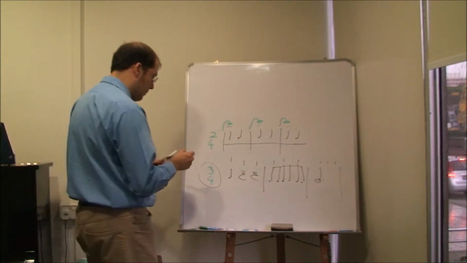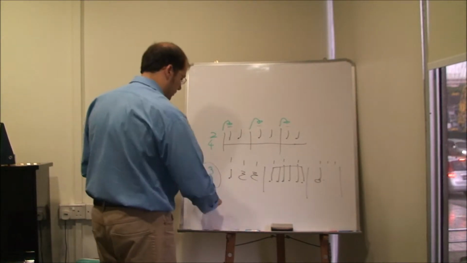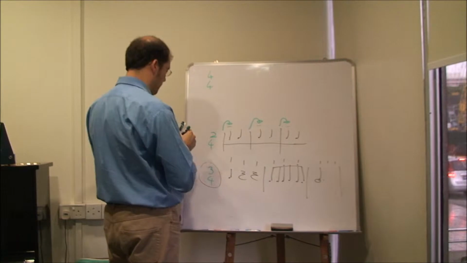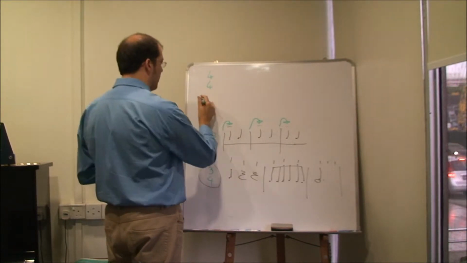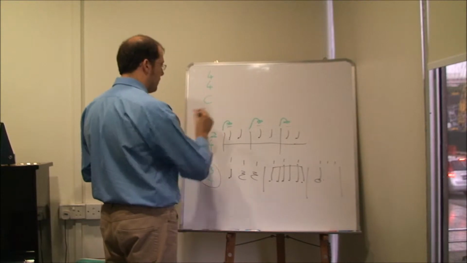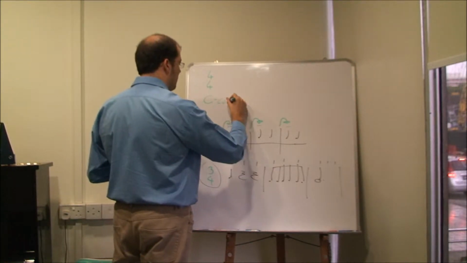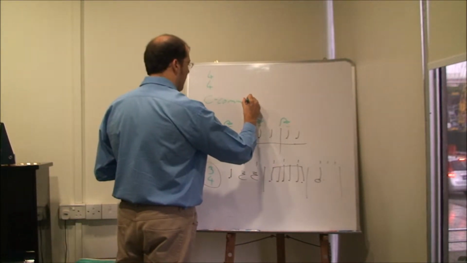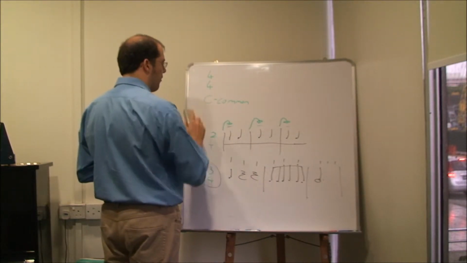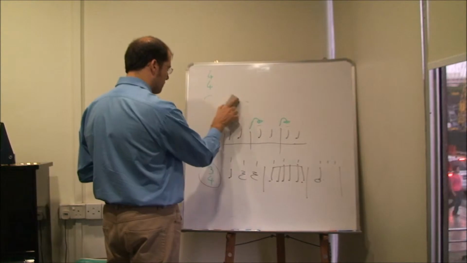So we can also do 4/4. And sometimes this is written as a C, which is sometimes referred to as common time. The symbol comes from somewhere else, but we often call this common time.